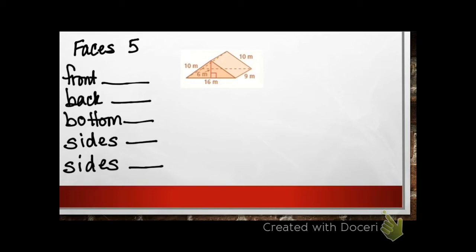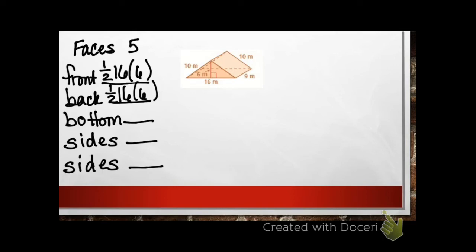We know we're going to have 1/2 times our base is 16 times, what's our height? 6. Good. And we'll have the same thing for the back. We're going to have 1/2 of 16 times 6.